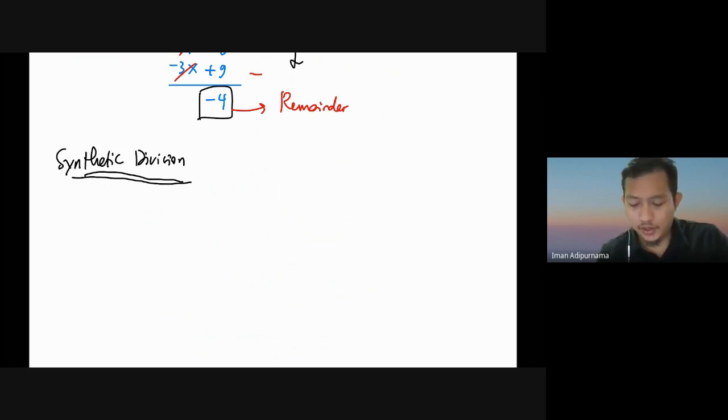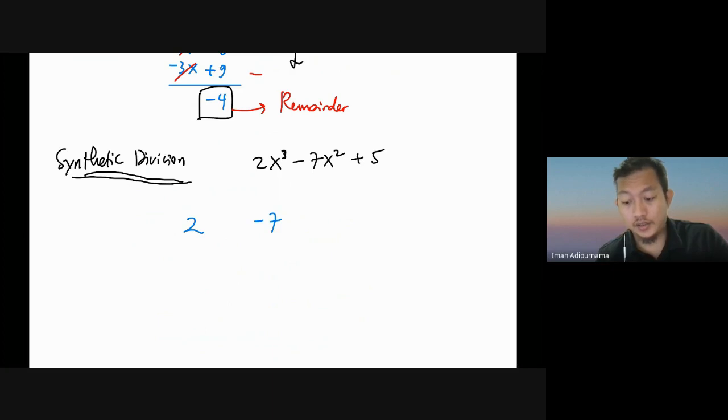Okay, let's write the function first that we are going to divide. This is the function, okay? So first we write the coefficients of the polynomial, 2, -7, and then there is 0x, right? So 0 and 5. So all possible polynomial coefficients we are going to write.